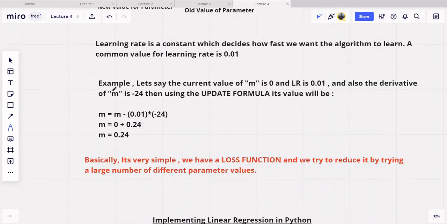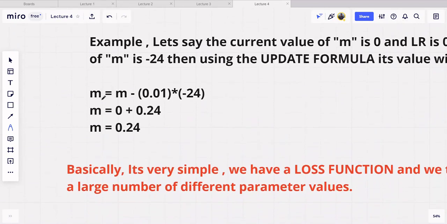If you see here, m is equal to m minus learning rate, which is 0.01, multiplied by minus 24. Okay, this minus 24 is basically the derivative. This 0.01 is the learning rate, and the m is basically the current value of m. So the new value of m would be 0.24.